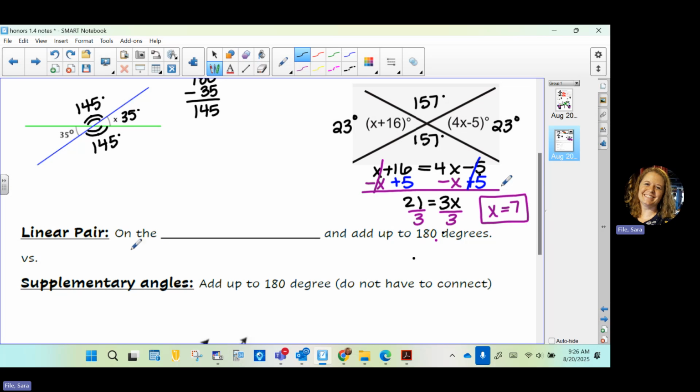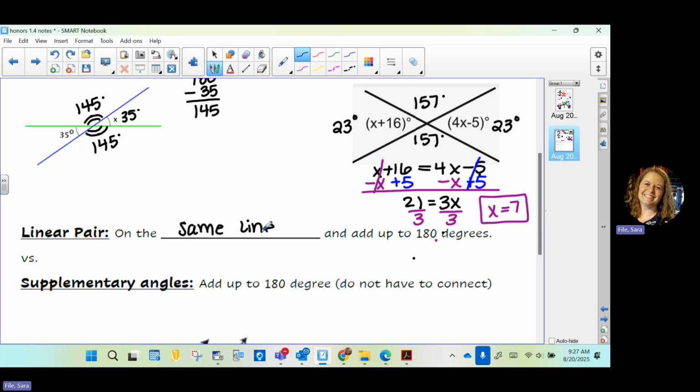Okay, because a linear pair, first of all, a pair is how many? 2. So it's 2 angles, and linear means what? What word is right there inside? A line. So it's a pair of angles on the same line. Okay, so linear pair means on the same line.